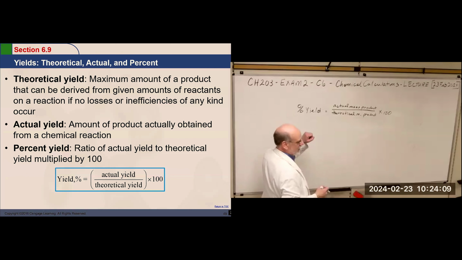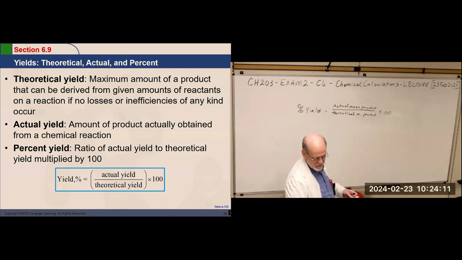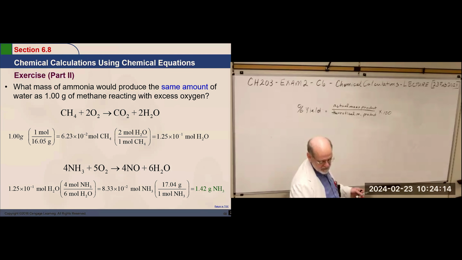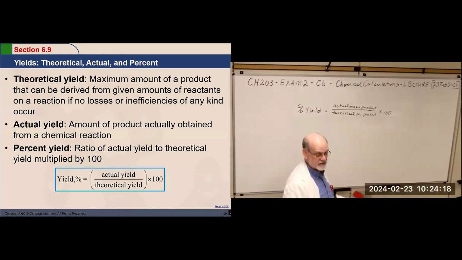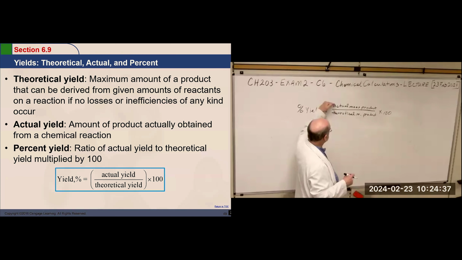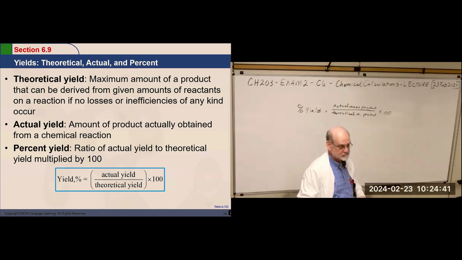So if we had taken that value of water, 0.125 mole of water, and converted it back to mass, that would be 100% the theoretical product. If we actually conduct the reaction and recover the water from the reaction, and it turns out to be less than that, which it usually does, then you would take that mass and put it over the theoretical mass times 100, and that would be your percent yield.